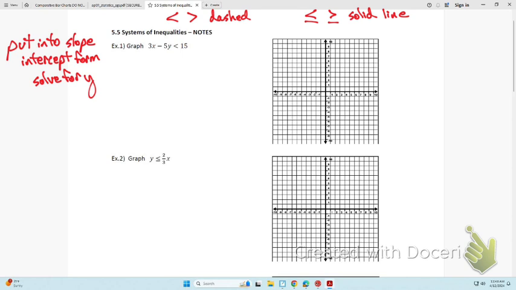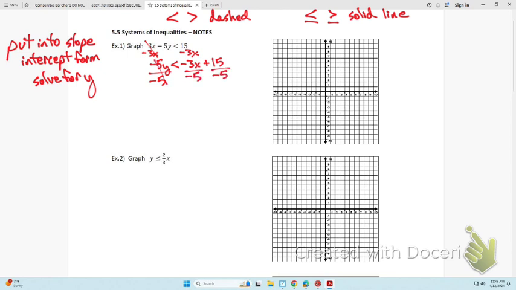So let's practice that. Let's move the 3x to the right side. And divide everything by -5.